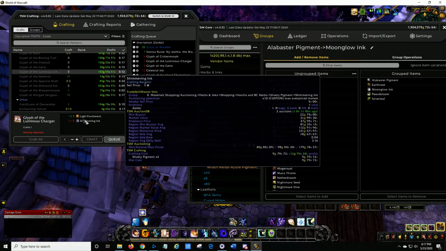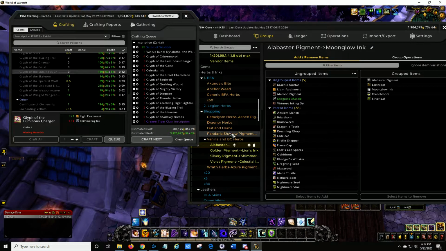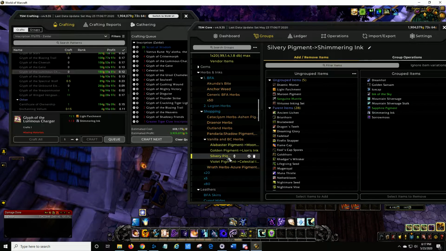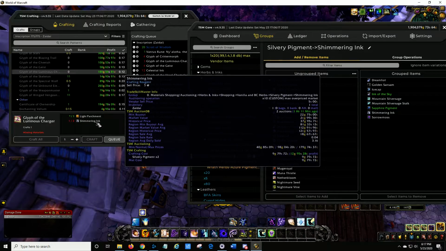Well, where does shimmering ink come from? I have a group that I call silvery, so I've got silvery pigment, which converts to shimmering ink, which you can craft into shimmering ink.